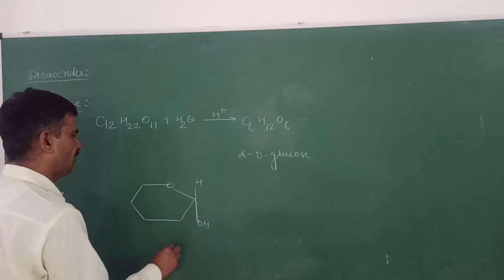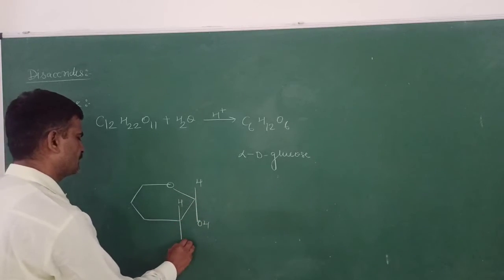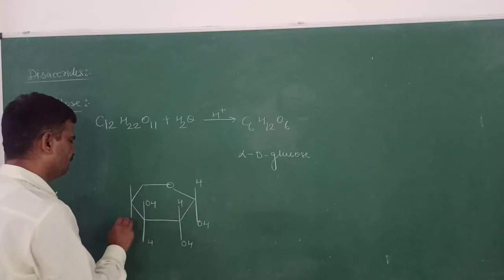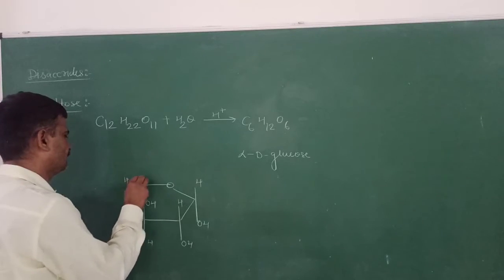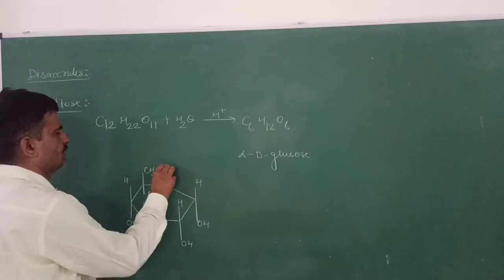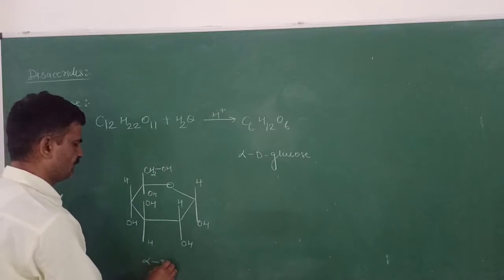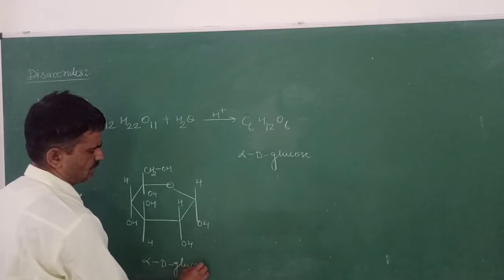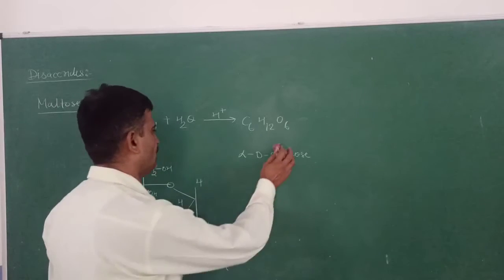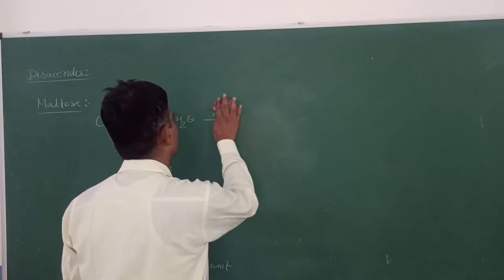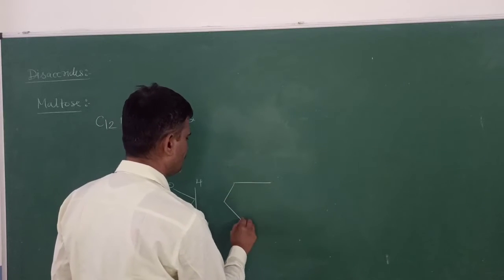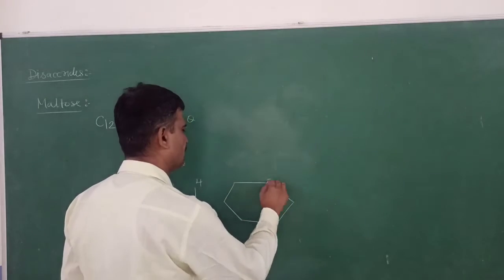This is made up of alpha D glucose units. This is the change of configuration at carbon number 3. This is one alpha D glucose unit. This one alpha D glucose unit joins with another alpha D glucose unit by C1 C4 glycosidic linkage.